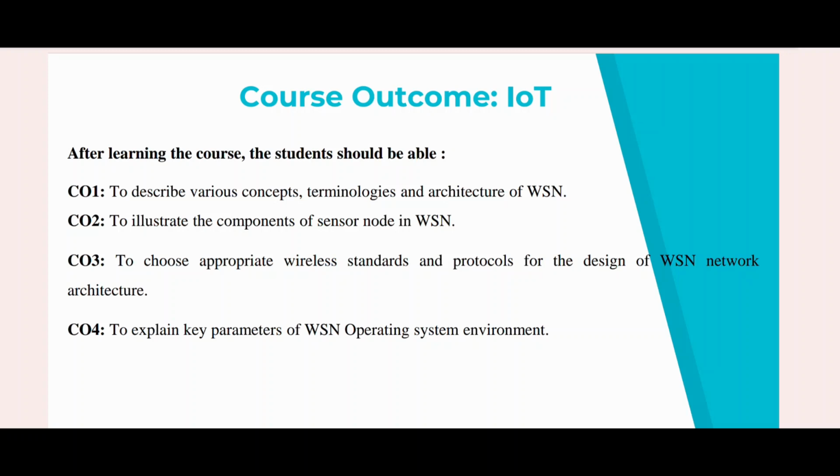So we should be aware of the environment, that is the operating system software environment working on the WSN node. So these can be the 4 CO statements. Students should be able to know these 4 concepts after completion of the syllabus.